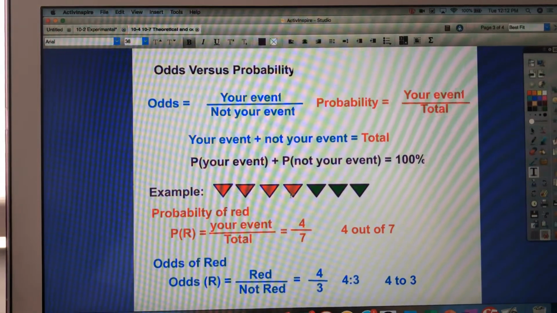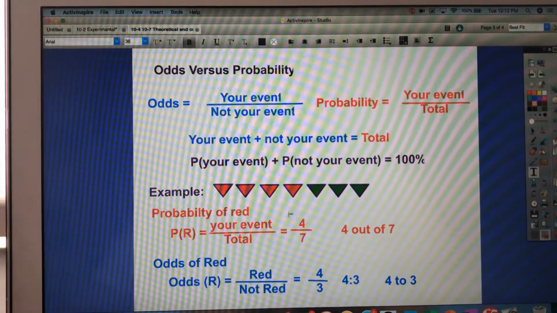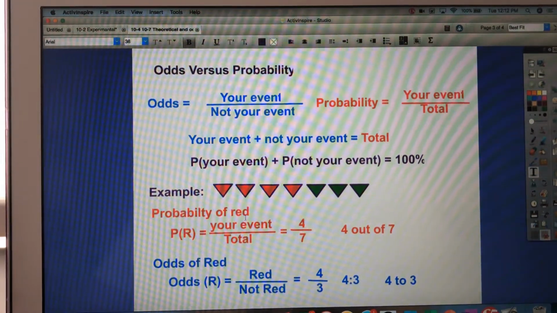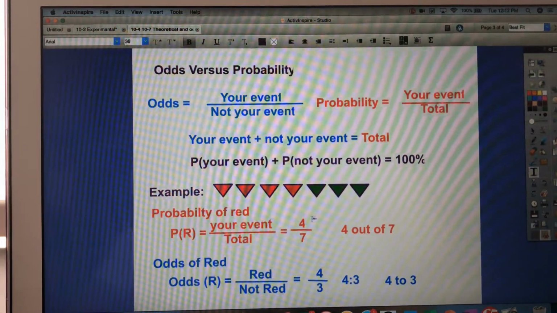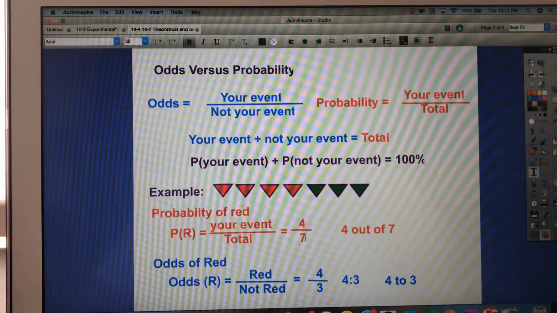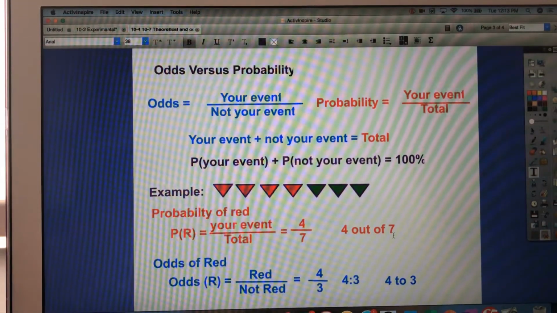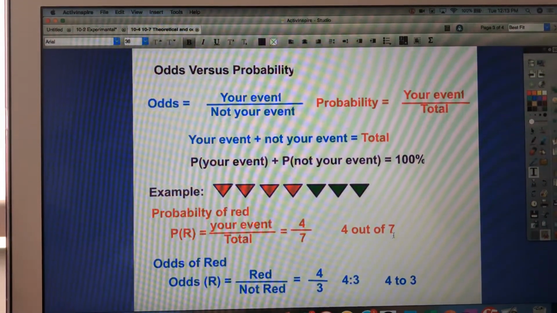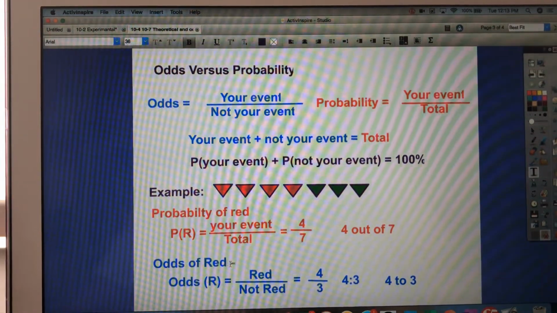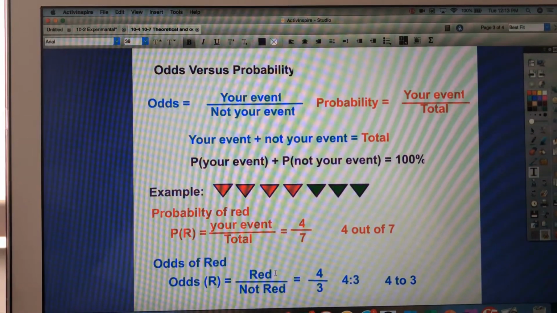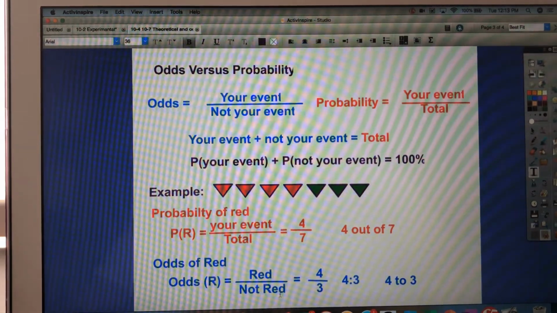Here's an example. I have these flags. I have red flags and I have green. The probability of red, so notice the P and the capital R, your event: there's 4 red out of a total of 7, so 4 out of 7. You can make that into a decimal, into a percentage, whatever you would like. But the odds of red, this means red and not red.